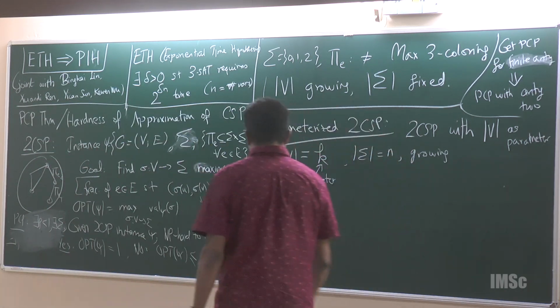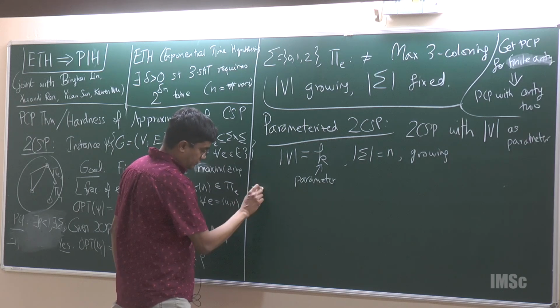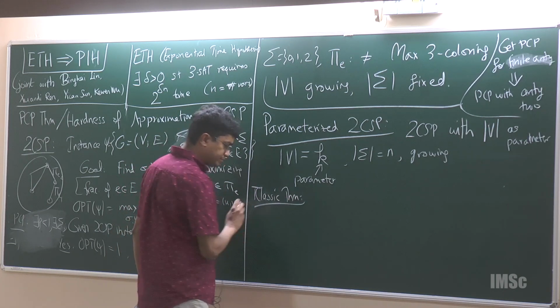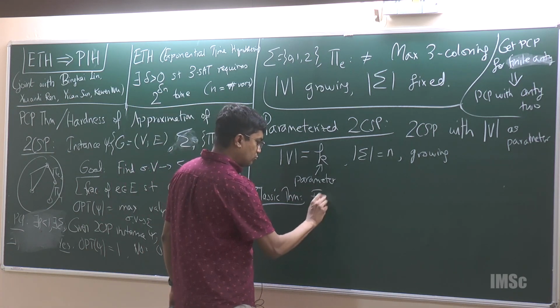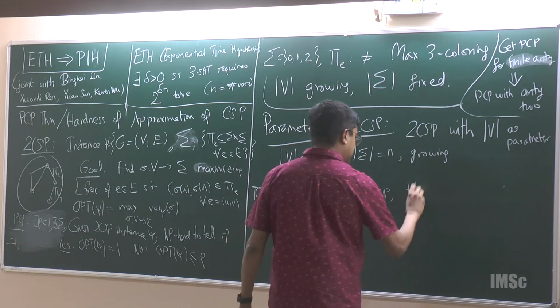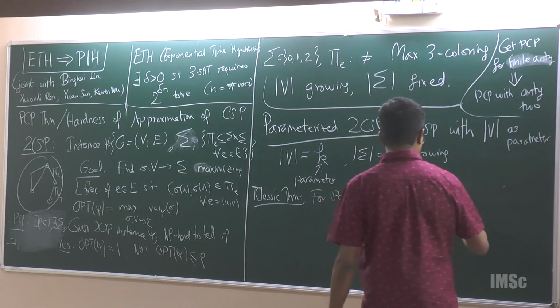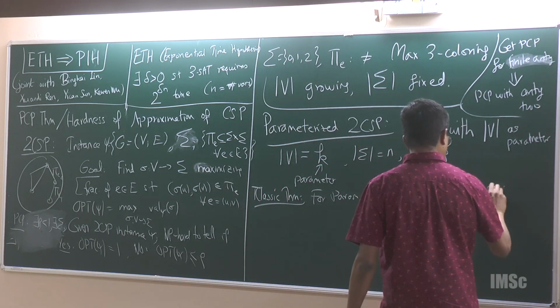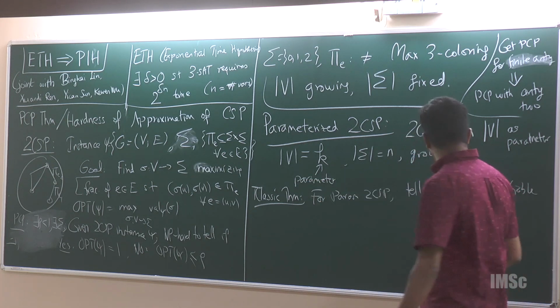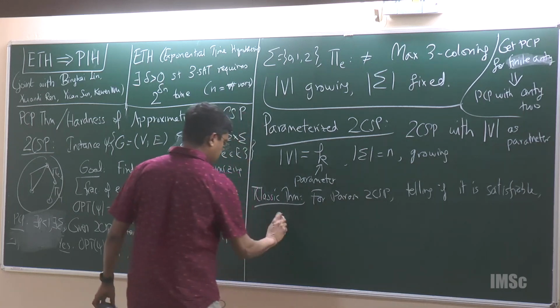So now the following is a well-known fact. A classic theorem: for parameterized 2 CSP, telling if it is satisfiable, namely if opt is 1, that is W1 hard.